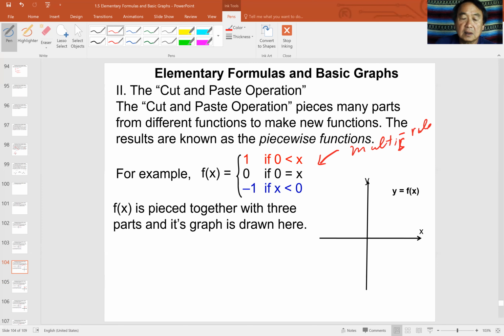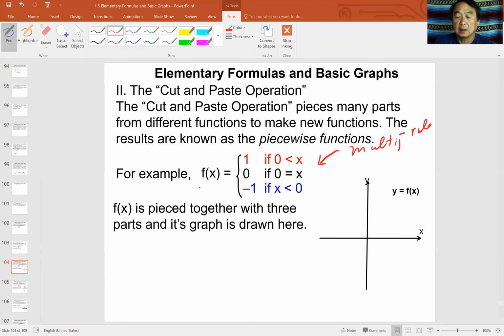That means the function is not defined by a single nice formula. It defines rules for the inputs, and finding the output depends on what number you put in.